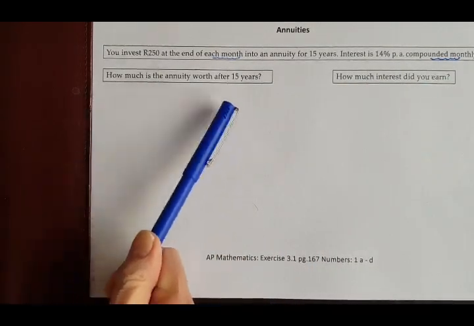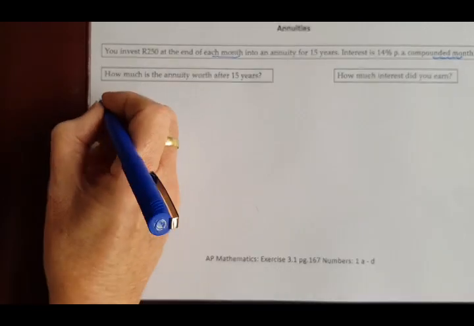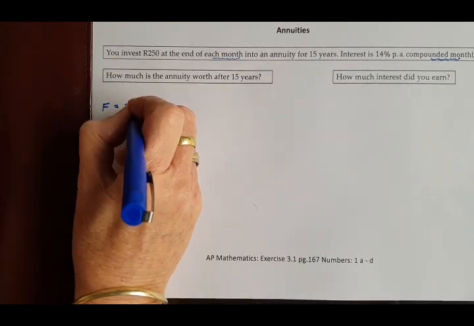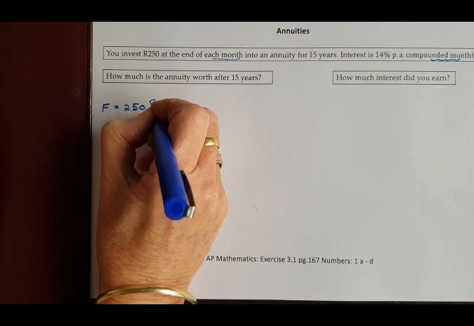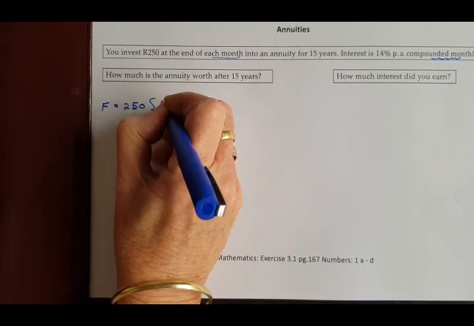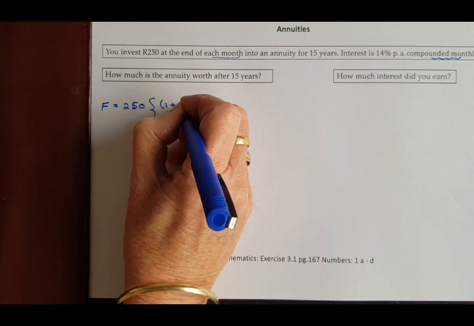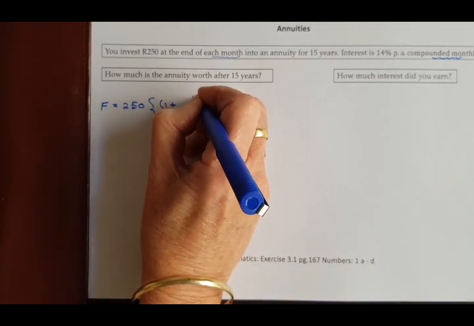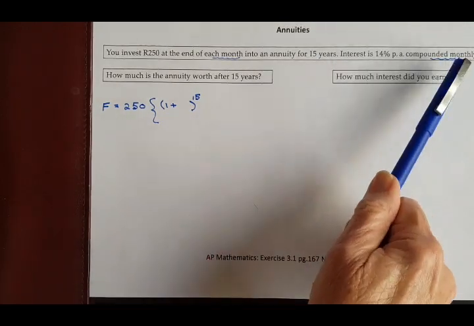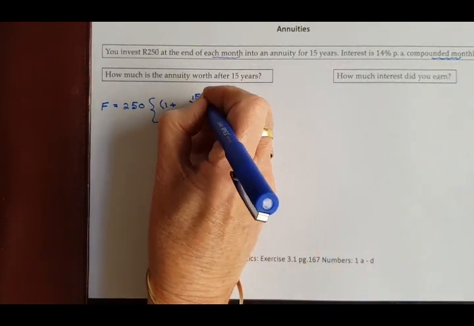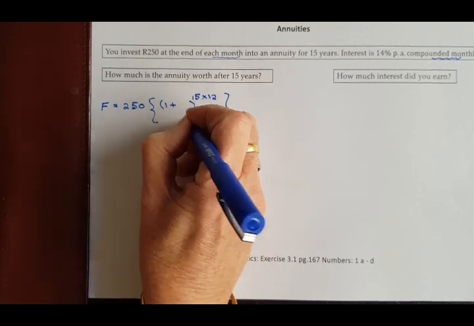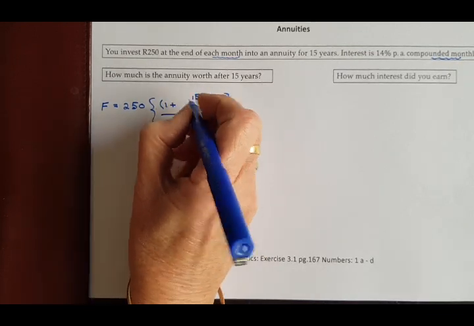So how much is this annuity worth at the end of 15 years? Well, your future value is 250 multiplied by 1 plus your interest rate to the power of 15. We are making monthly payments, 15 times 12, subtract 1, all over our interest rate.